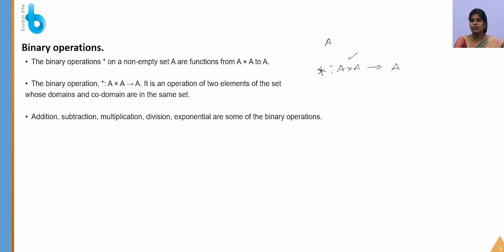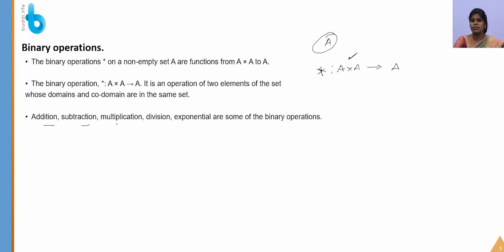So, binary operation is the operation of two elements on the same set. Binary means what? Bi means two. Binary means operation on two elements. That is, domain and the codomain both are in the same set.